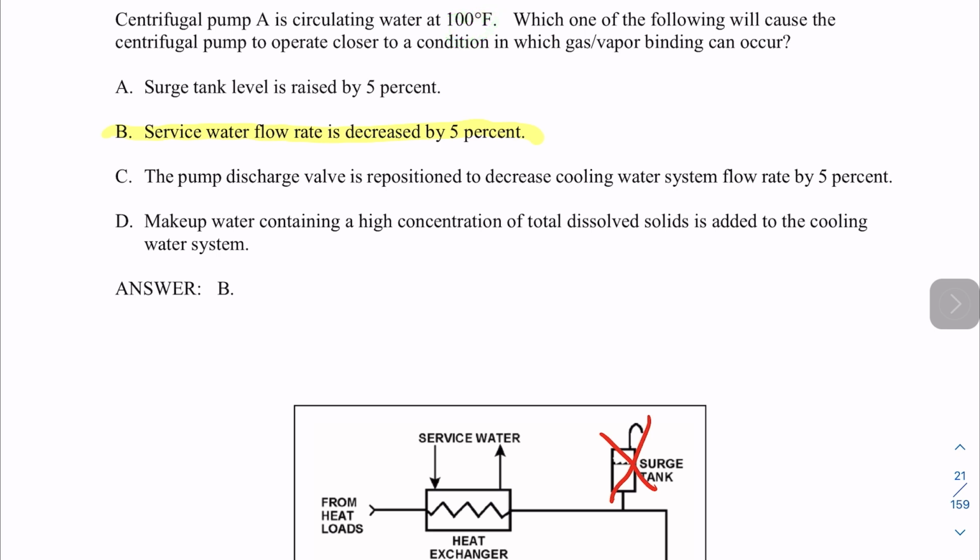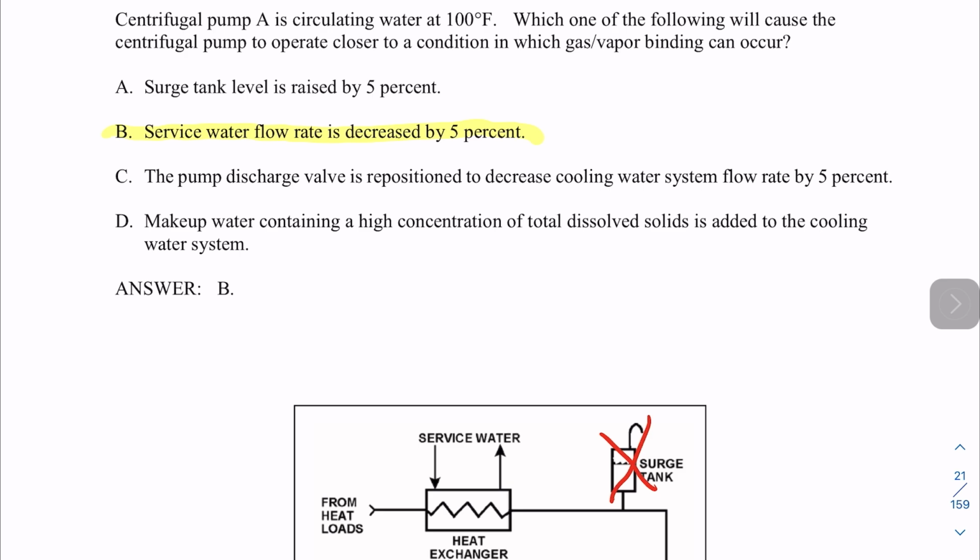It doesn't matter. It can be 80, it can be 90, it can be 100, 101, whatever you want. Which one of the following will cause the centrifugal pump to operate closer to a condition in which gas vapor binding can occur? So when does vapor binding occur?